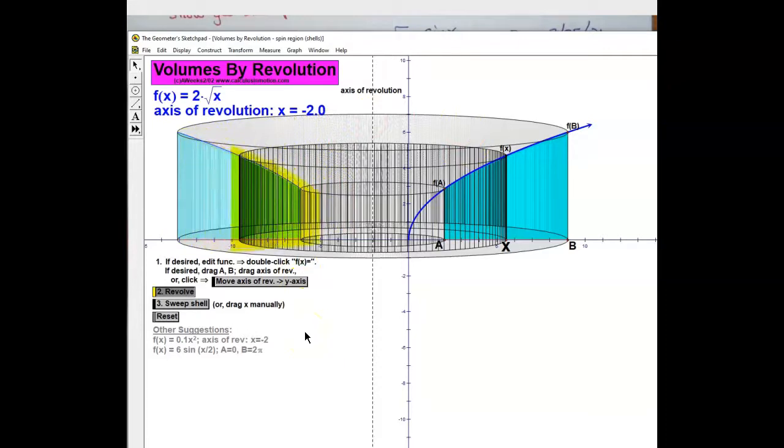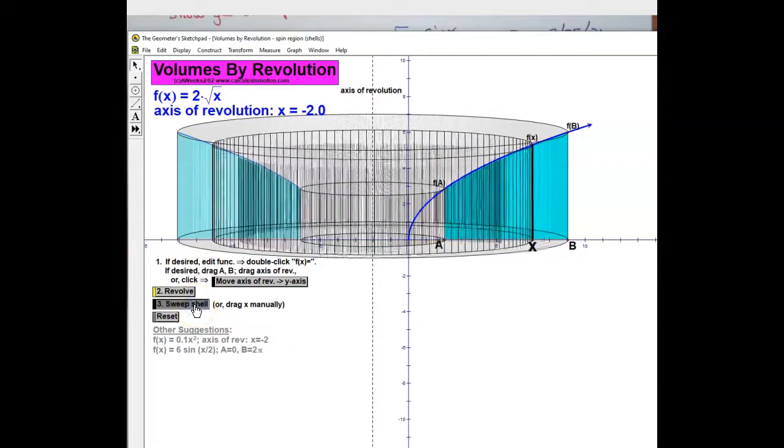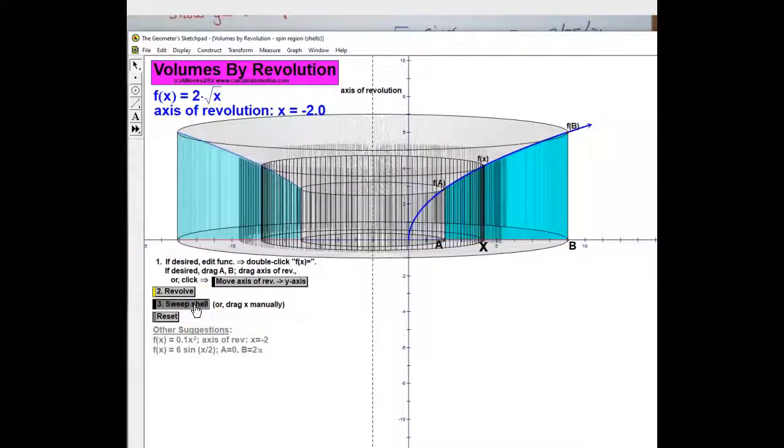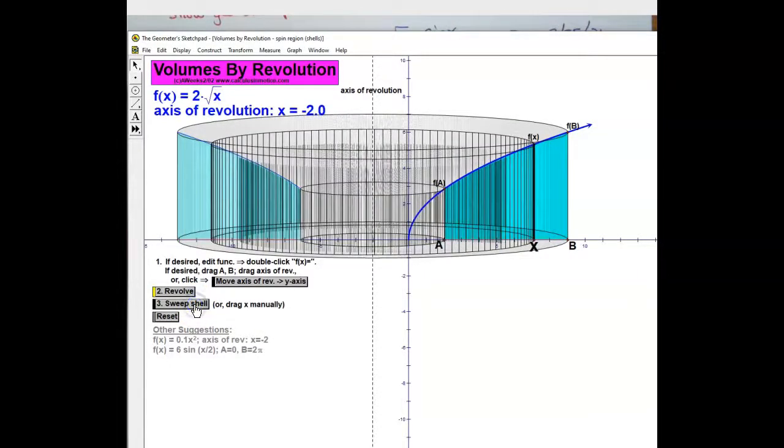Alright, so that might give you, I don't know if this will help. That's showing you the different layers of the shells. So instead of looking at washers, if we were doing it with the washer method here, the washers would be discs stacked on top of each other going up this way.